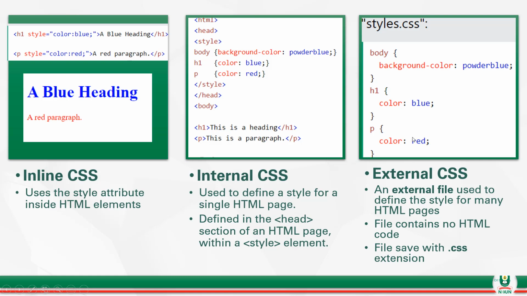Okay. The beauty of an external CSS is that you can use it for many HTML pages. Unlike the internal CSS that applies just to one page, if you define your CSS elements on a separate file, you can use that file and reference it in different HTML pages. So you don't have to repeat yourself several times.